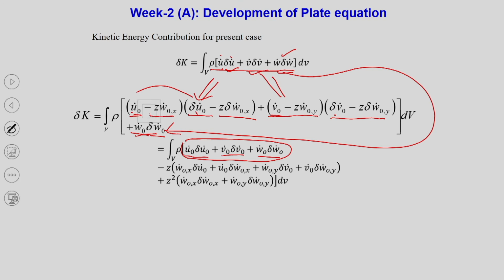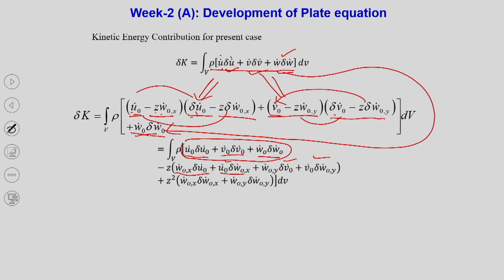So, minus z δu naught w naught comma x, this one. Then minus z δv naught comma again this and this, sorry, u naught δw naught comma x. So, from there 2 contributions, one from this and one from this. Then one from this, one from this, z contribution.